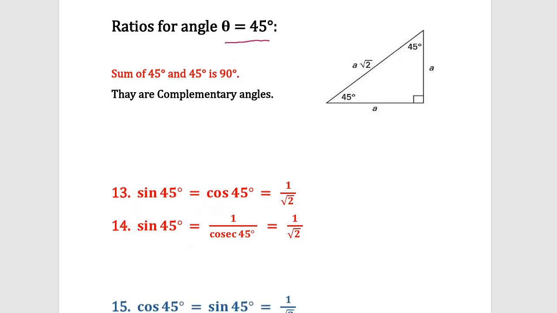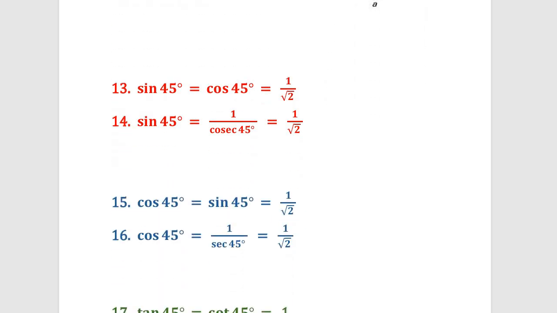So formula number 13, sin 45 degree equals cos 45 degree equals 1 by square root of 2, since 45 degree and 45 degree are complementary. Again, cosec 45 degree and sin 45 degree are reciprocal. So we get in formula number 14, sin 45 degree equals 1 by cosec 45 degree equals 1 by square root of 2.